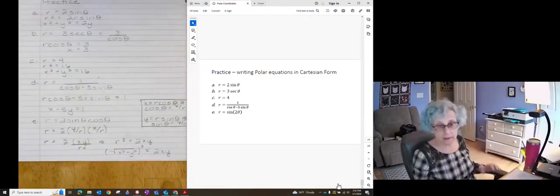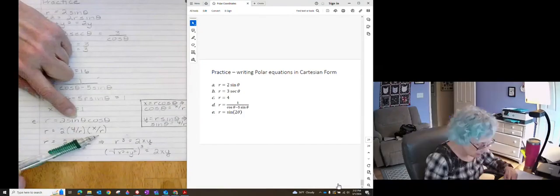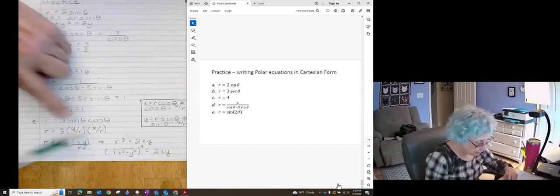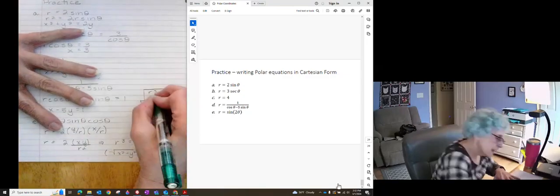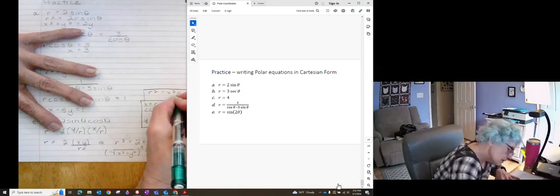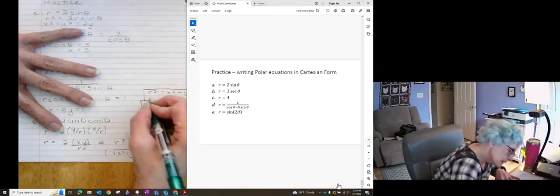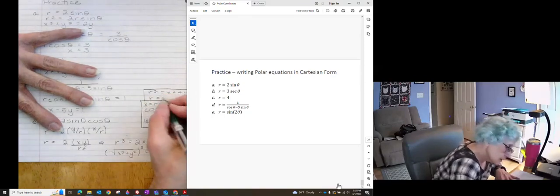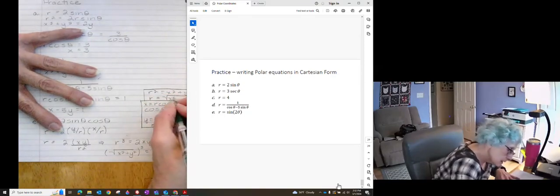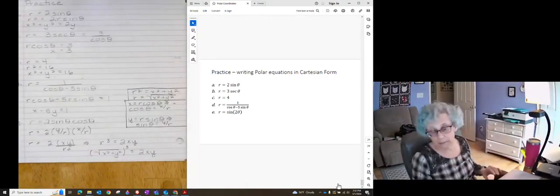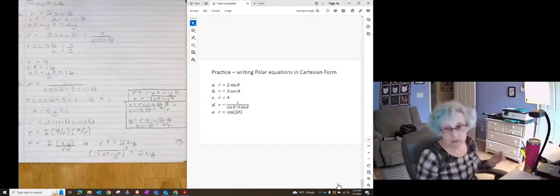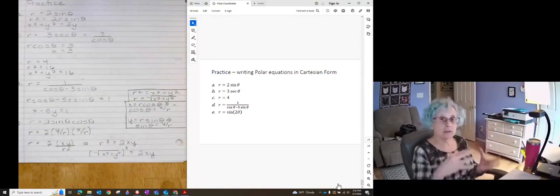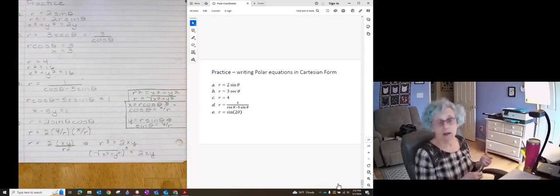So I replaced sine with y over r, cosine with x over r, and I also used the fact that since r squared equals x squared plus y squared, then r, well, it's really plus or minus, the square root of x squared plus y squared. So we used that relationship and this relationship. So we did a lot of rearranging of our relationships.